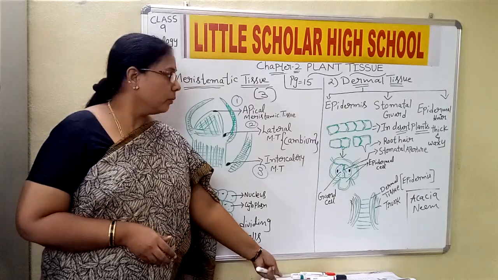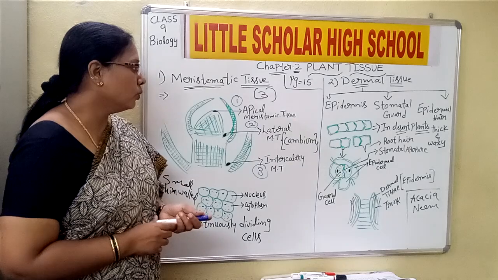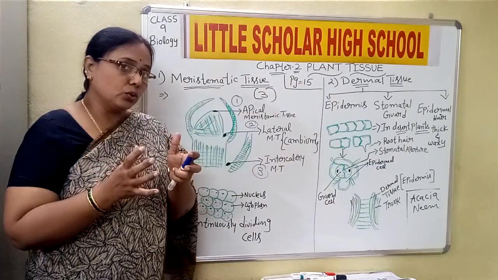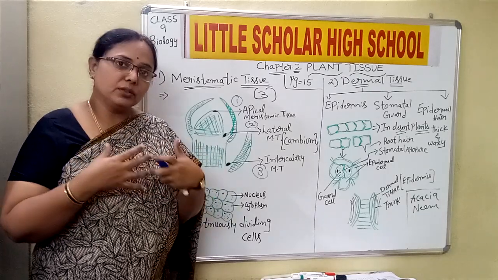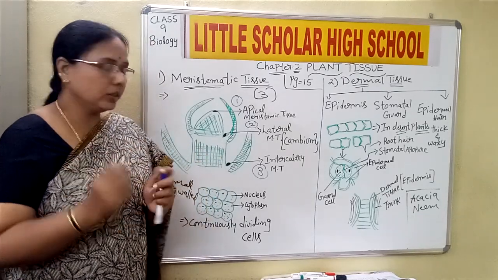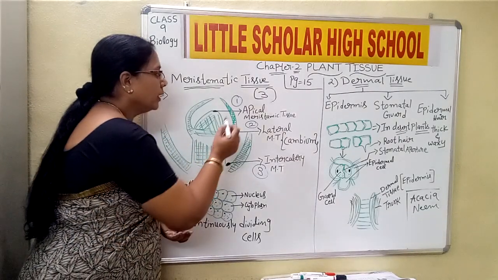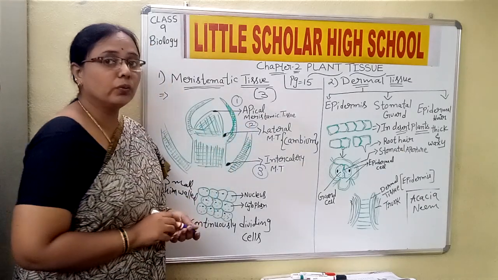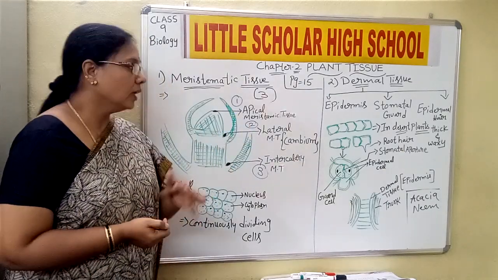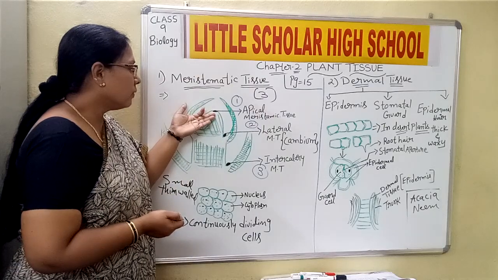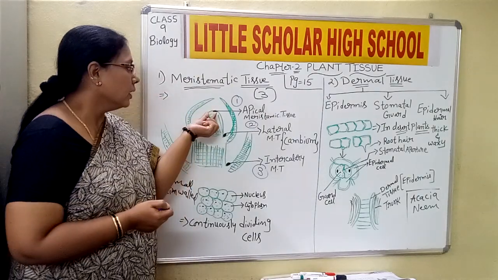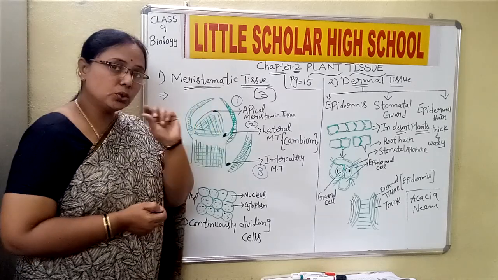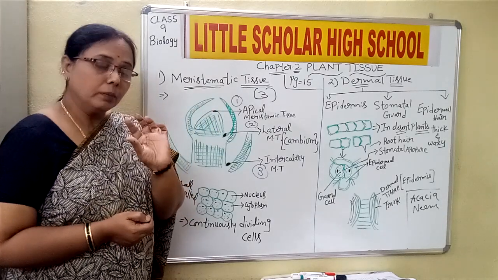Now when we talk about these three types of tissue, why they are named so, sometimes looking at the name of the tissue itself, we can make out their position also. Yes or no children? For example, apical meristematic tissue, where do you find these tissues? Yes, these tissues are found at the tips of the plant.